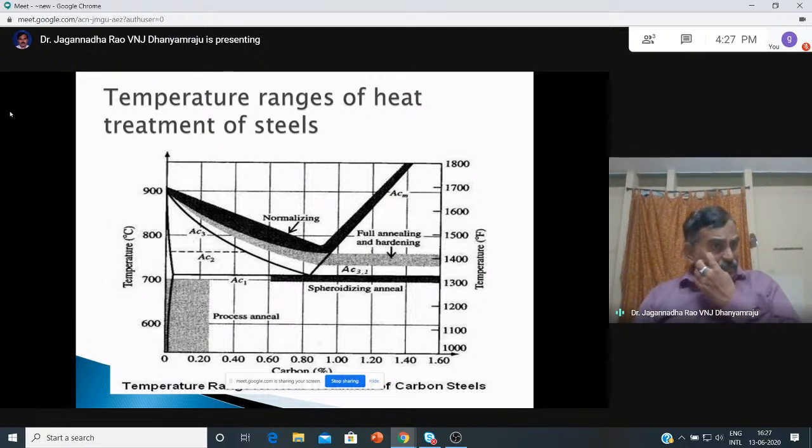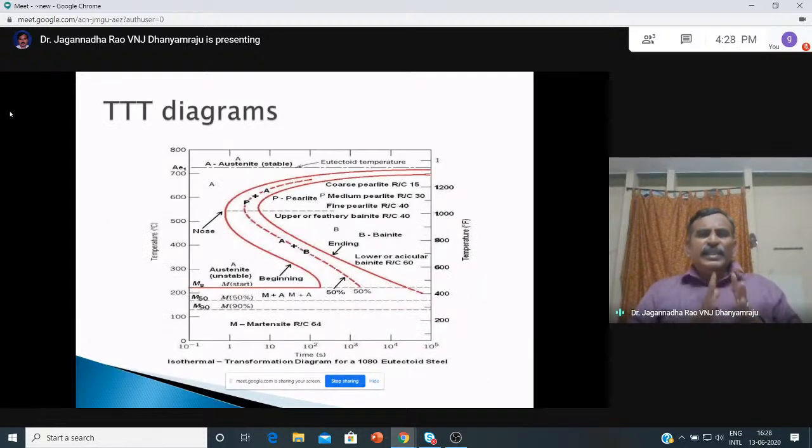However, the transformation of austenite to martensite is dependent on time. So for this, the iron-iron carbide diagram is not sufficient. For this, we have to study TTT curves. I am showing the TTT curve of eutectoid steels.